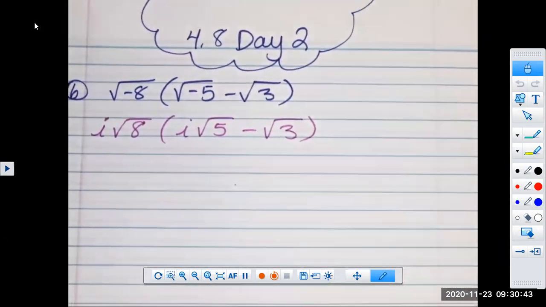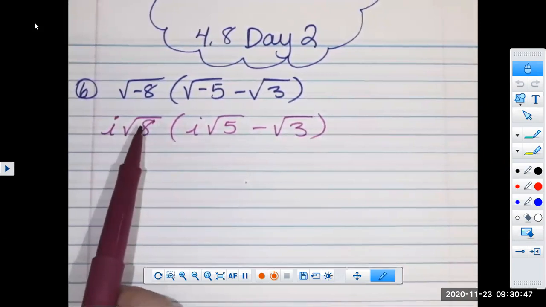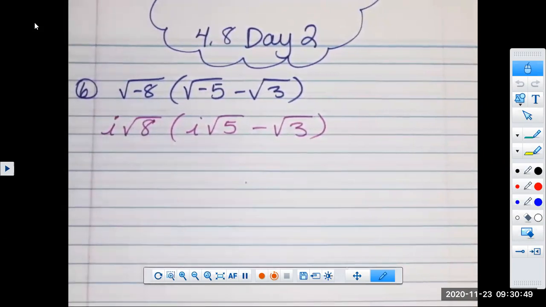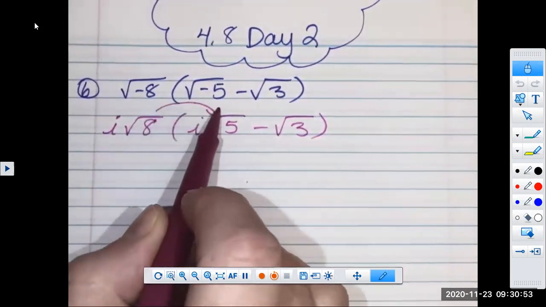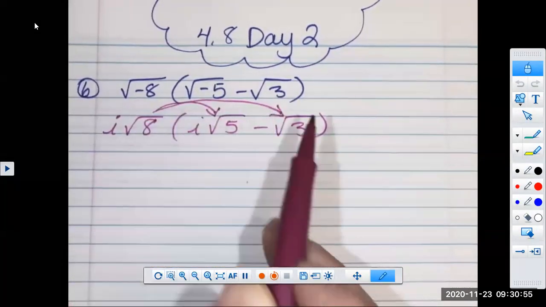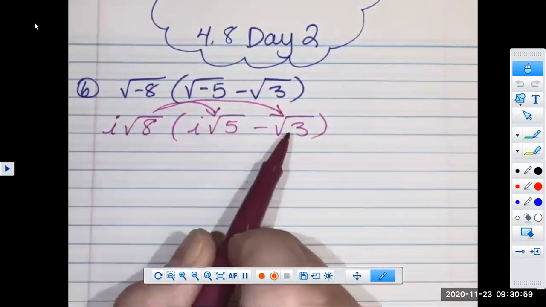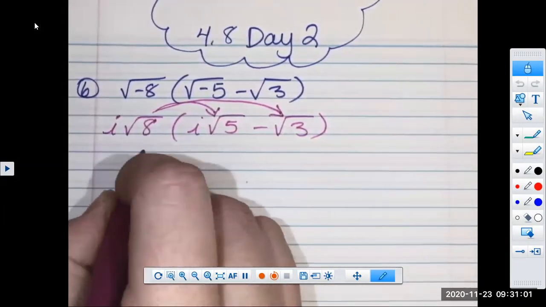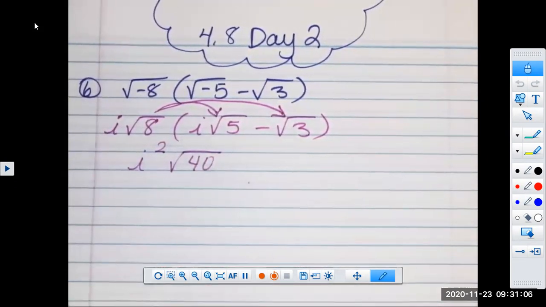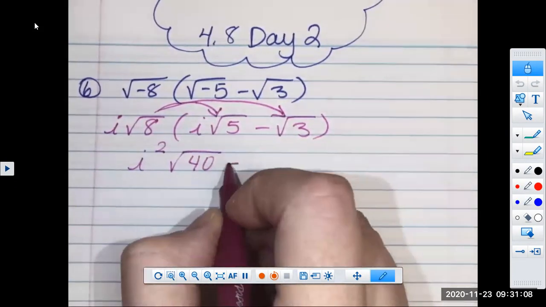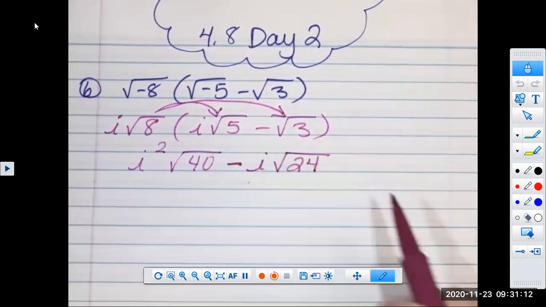Now, from this point, what you can do, you can go ahead and put 8 in simplest radical form as 2 root 2, or you can go ahead and multiply them now that you have a positive number underneath. So if we do that and distribute i root 8 to both, you get i squared times root 40 minus i times root 24.